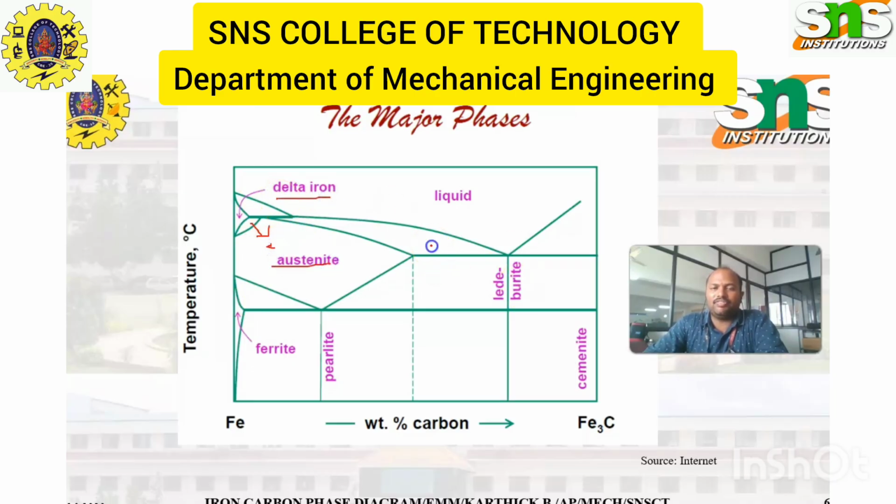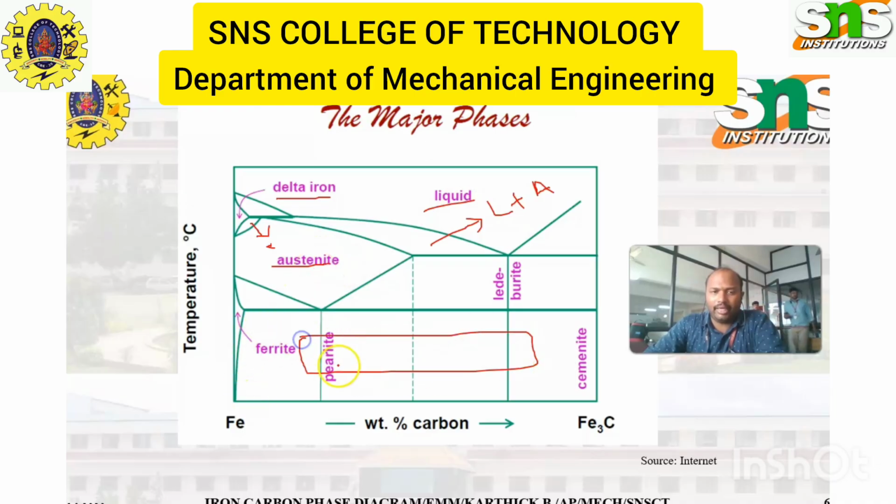This one is near liquid, so it is liquid plus austenite. In this complete region you will have pearlite, which is a combination of ferrite plus cementite. So these loops are nothing but combinations of the major phases. Here again austenite, and we get ferrite.